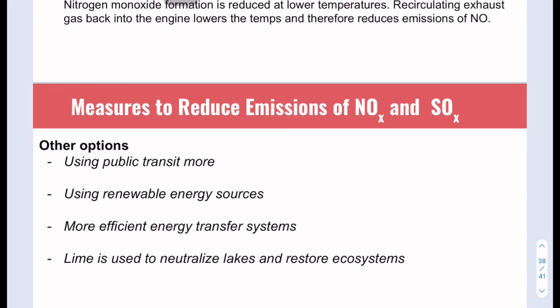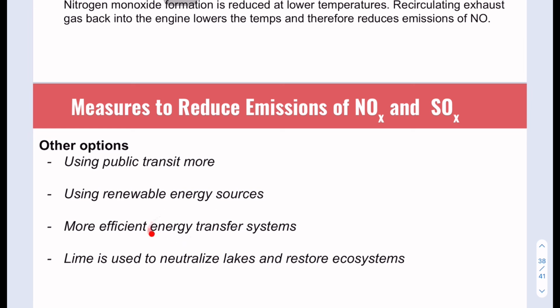So we should make sure that when this energy is transferred from one form to another, it's very efficient, meaning there's no heat loss to the surrounding, no energy that just gets wasted because it wasn't efficiently converted.